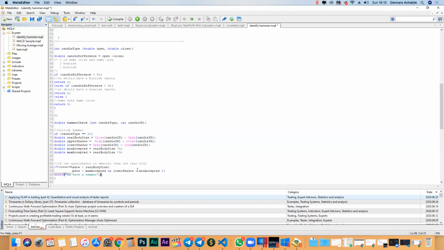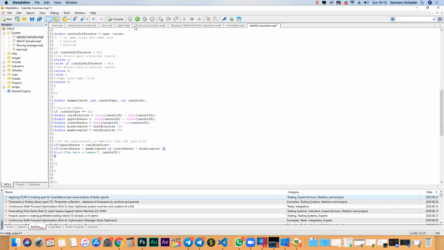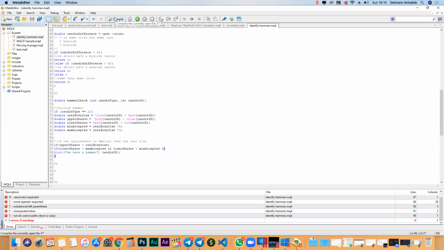And then let's also print out the hammer candidate. All right, this should work. And let's just compile real quick.